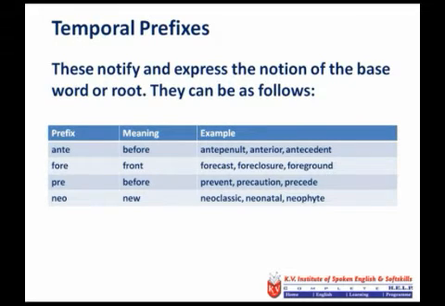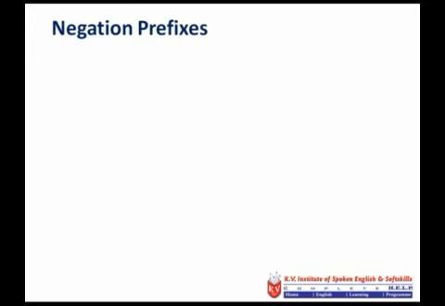Some of the words are forecast, foreclosure, foreground. Pre means before: prevent, precaution, precede. Neo means new: neoclassical, neonatal, and neophyte.